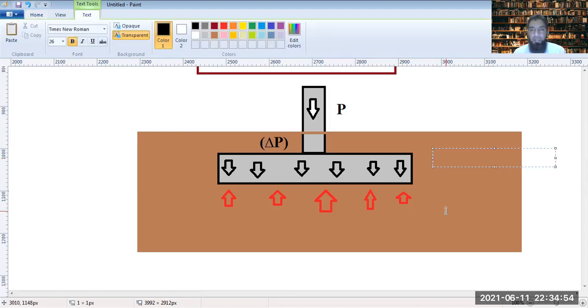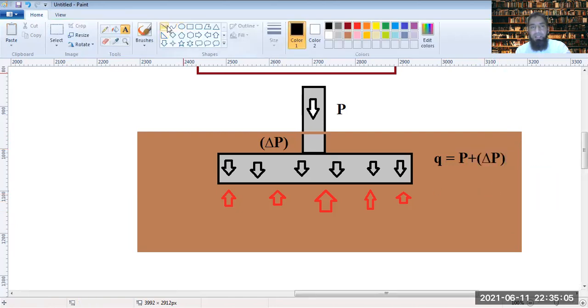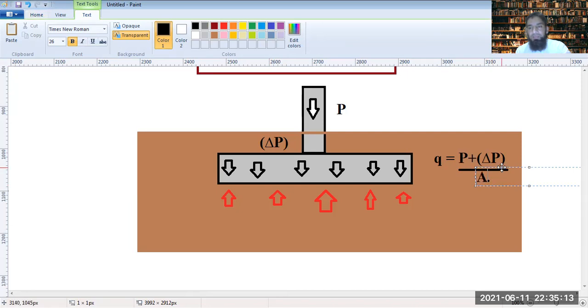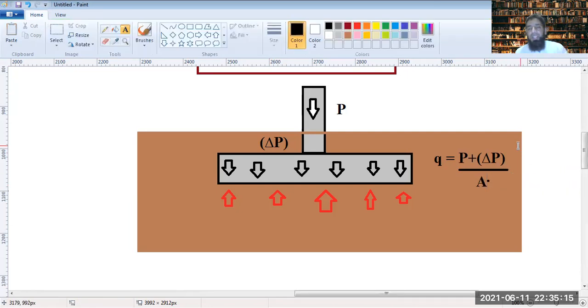Thereby, the total Q would be P plus delta P, divided by the area of the footing, which is A. So this will be the stresses being exerted onto the soil from the footing.